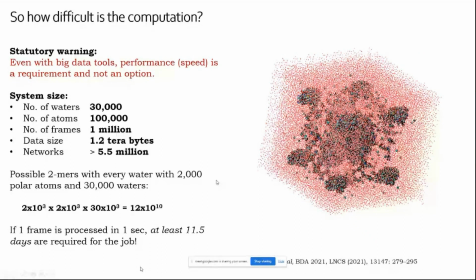For example, you have to consider all possible combinations of two atoms sharing the same water molecule. Even if you want to do that, you have to do 10 power 10 calculations within a single frame. But then you can have 3 atom networks, 4 atom networks. We have seen 5 atom and 6 atom networks also.